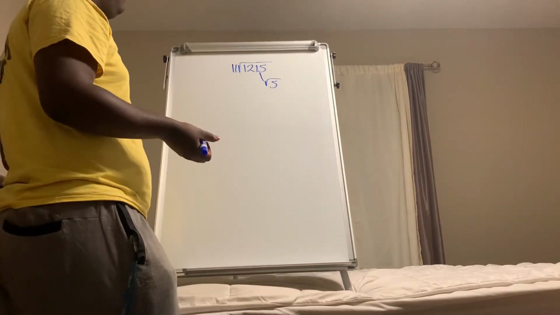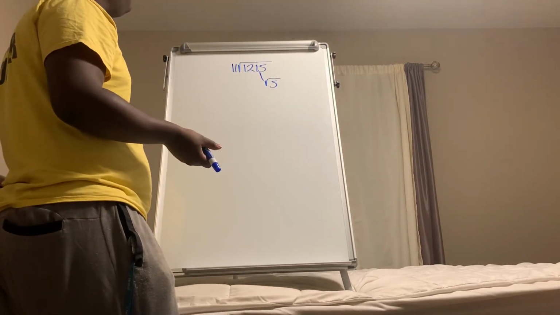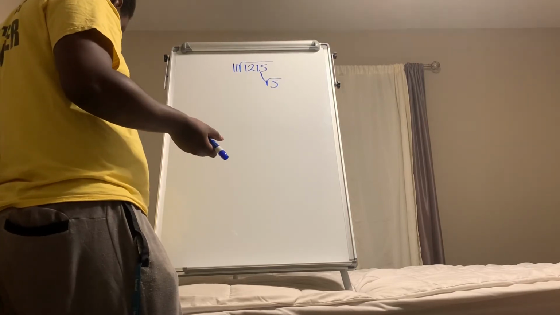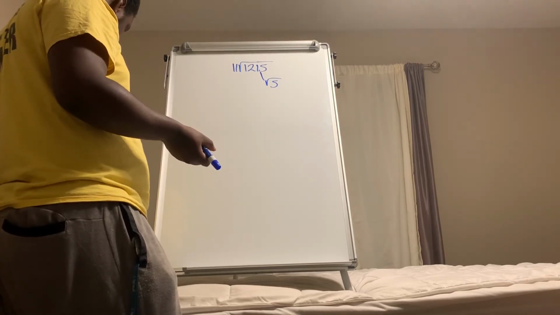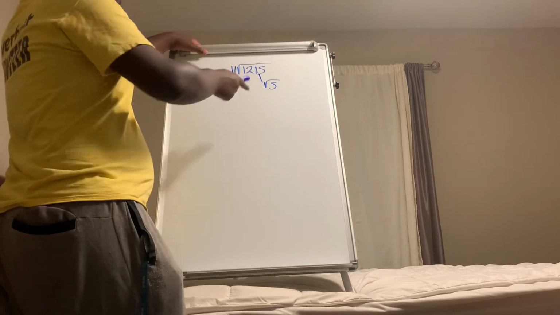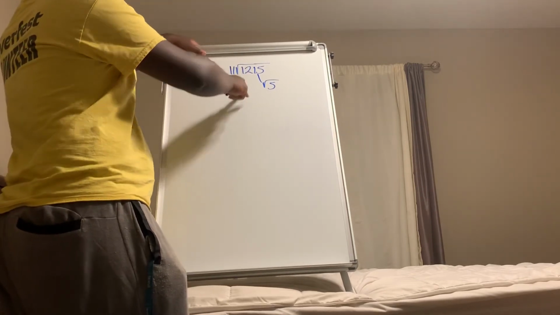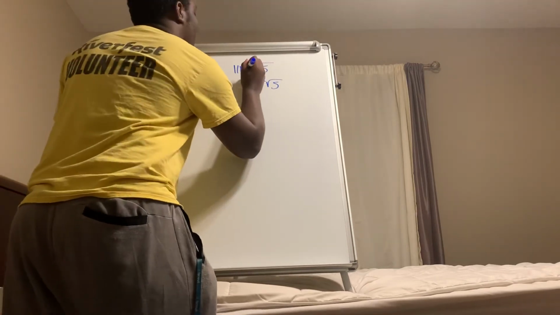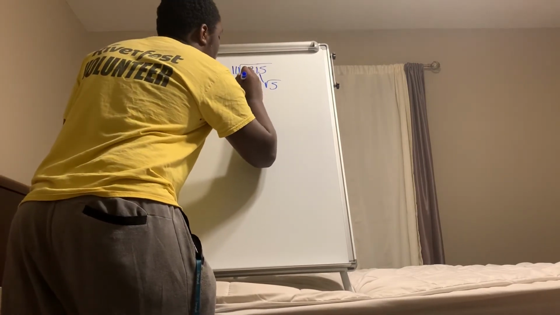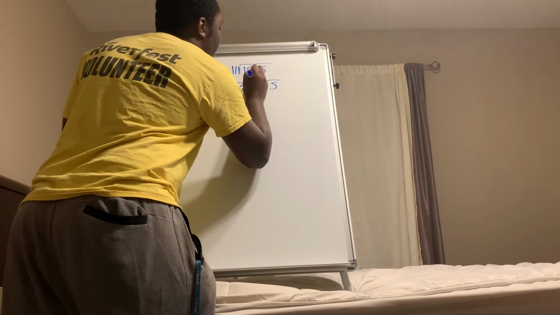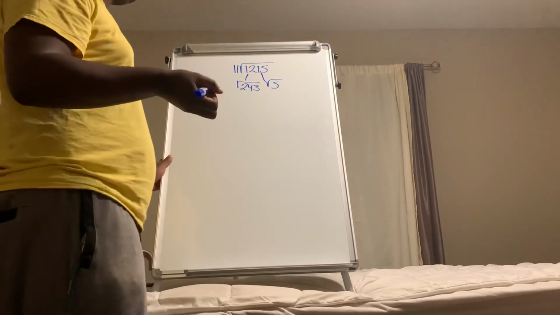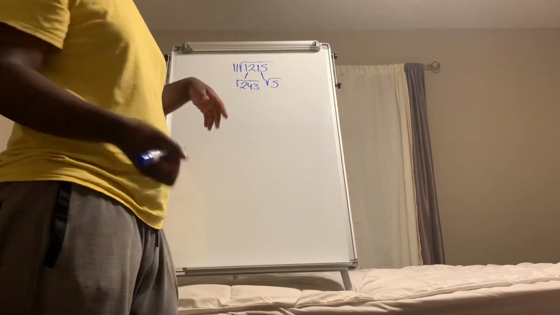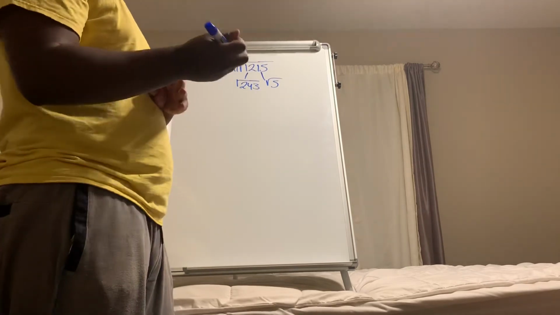Then we divide 1,215 by 5. Our answer is 243. I did a little different on my assignment, but it'll be a lot easier if you just go by 5, because that's the easiest recognizable number.